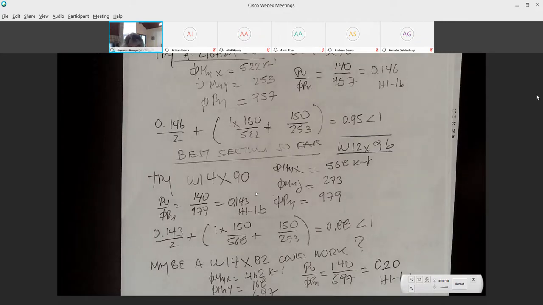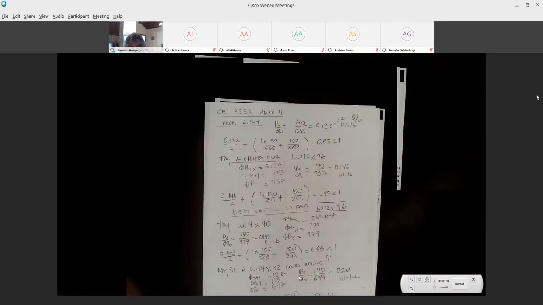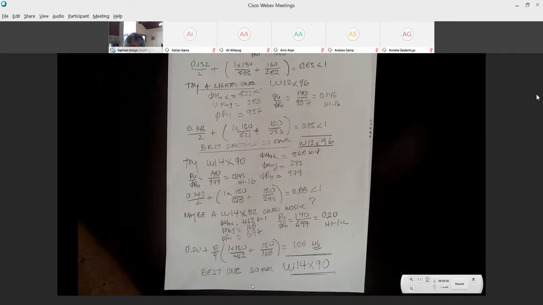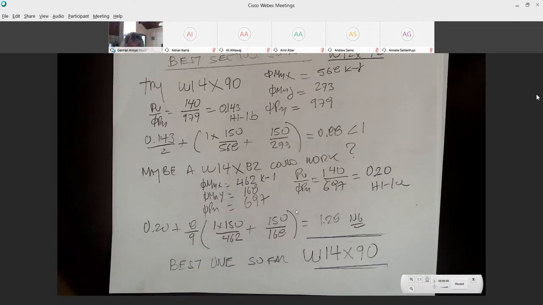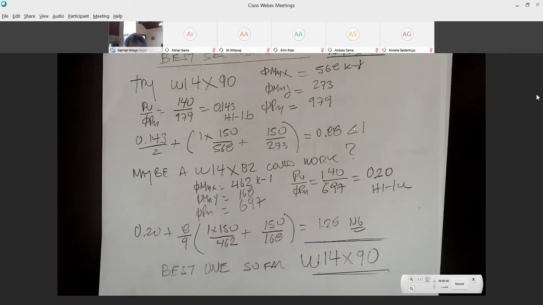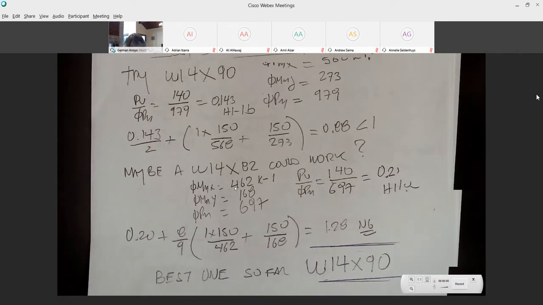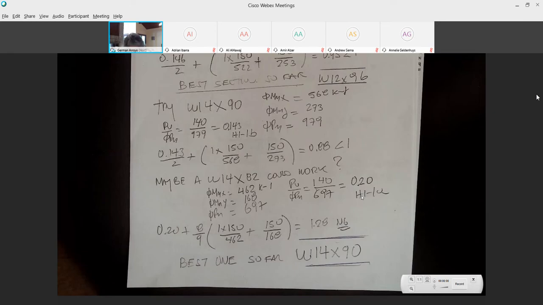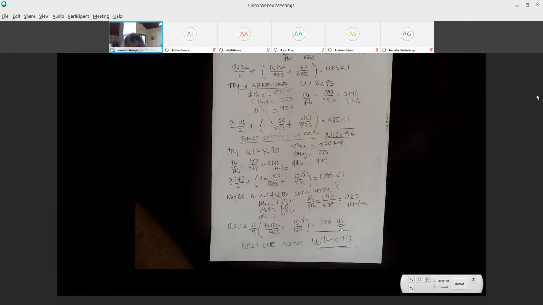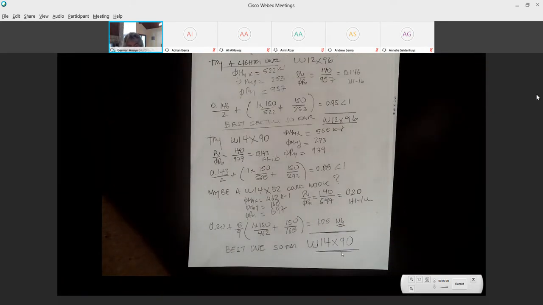So I said maybe the W14 by 82 could work, since I'm trying to get closer to 1. And this comes from the table. In here, H1-1a is still in control, and it comes to 1.28, no good. So the W14 by 90 is still the best one.